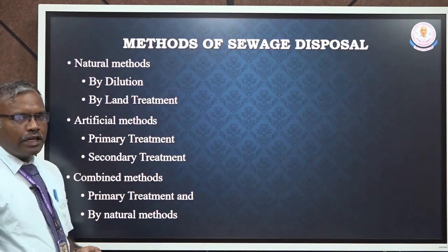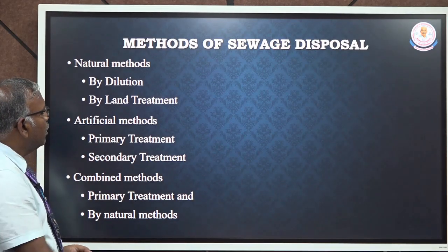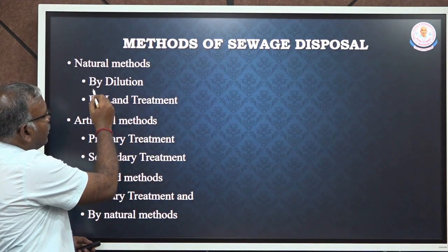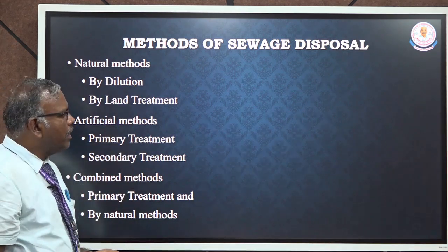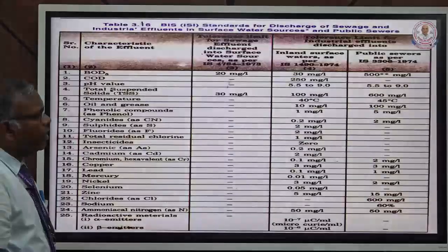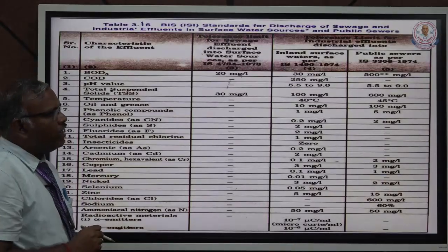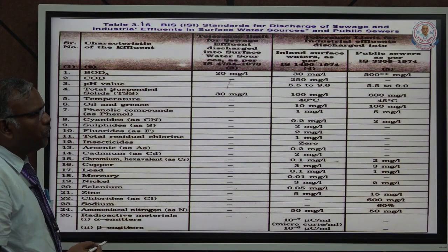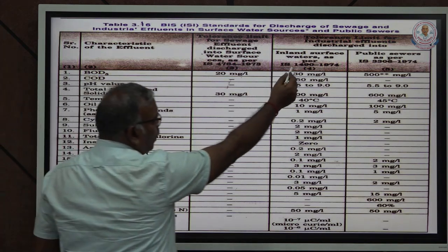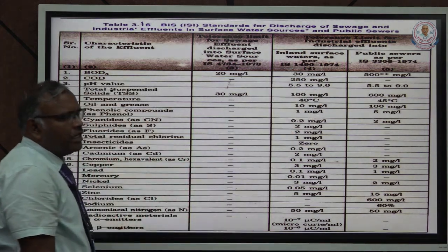In this lecture we are going to discuss in detail the natural method, that is, the dilution process. These are the standard values for when the sewage is disposed into a surface water body or into a public sewer.